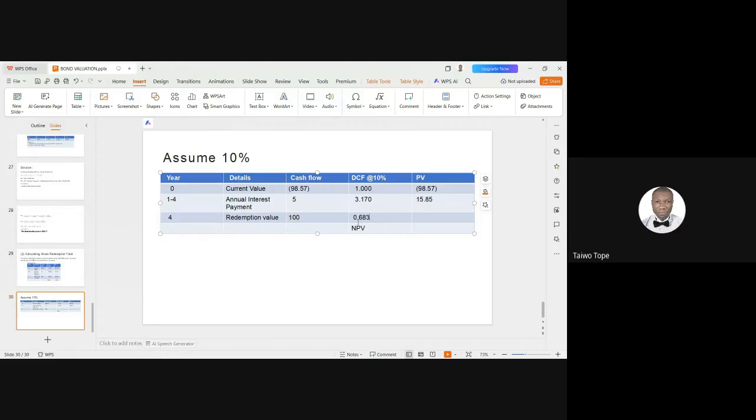So multiply by 100, this will give you 68.3. So your NPV will be what? Positive or negative? Negative 14.72.